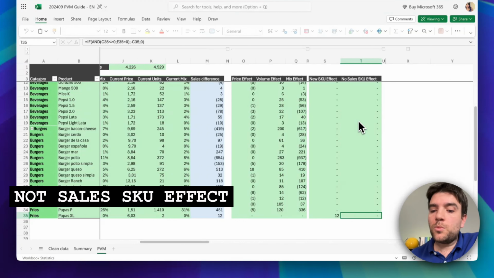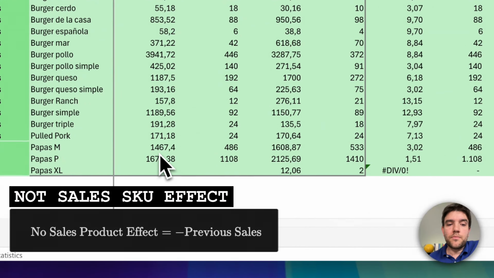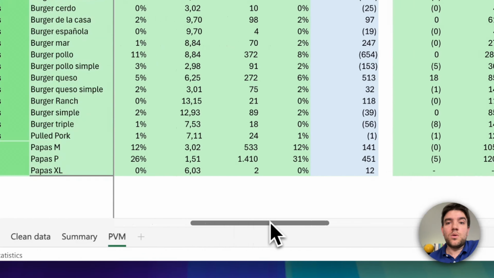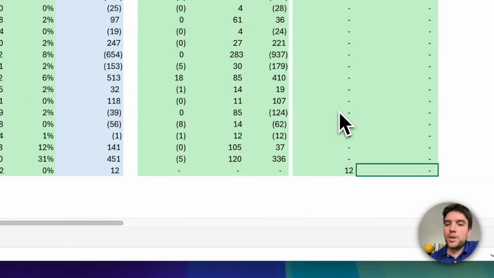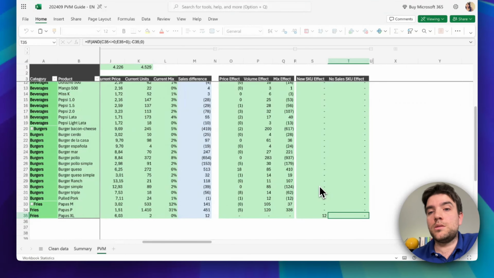So in this case, the formula is going to be the revenue of the previous period, but with a negative sign. So now we really do have all the effects needed for the price volume mix analysis.